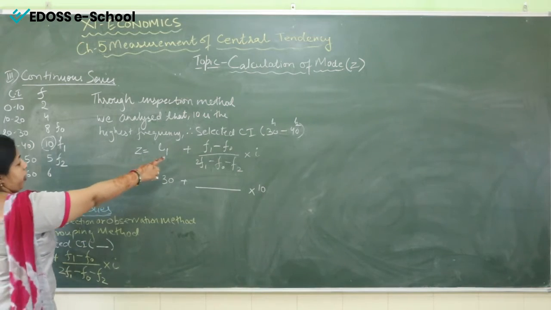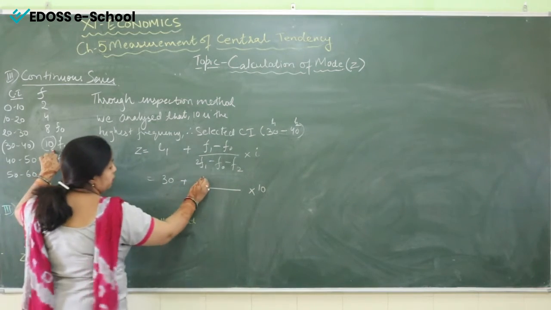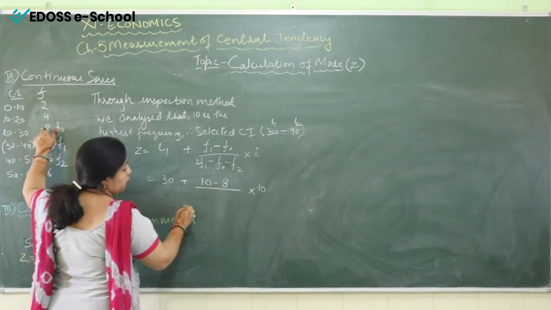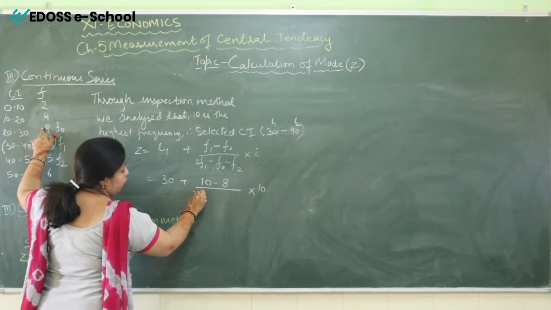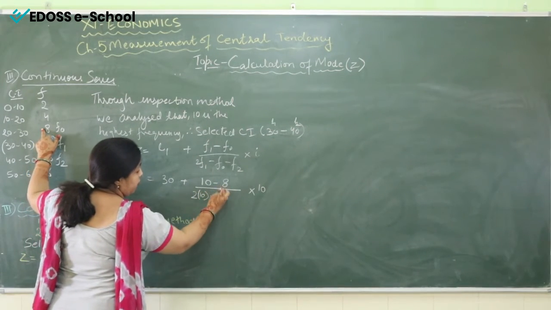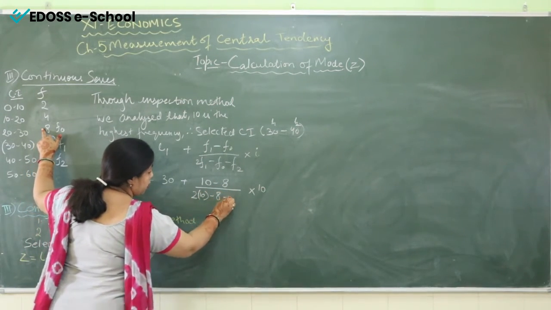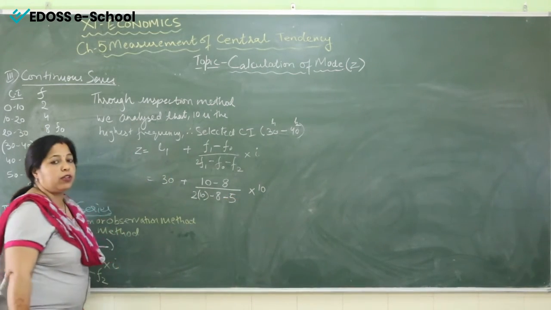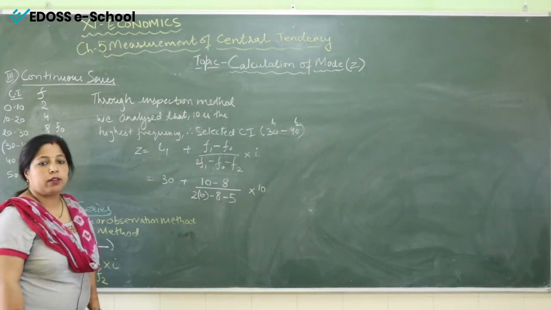Fine. So here F1 is 10, F0 is the upper one, 8, and F2 is 5. These are the values of these variables.